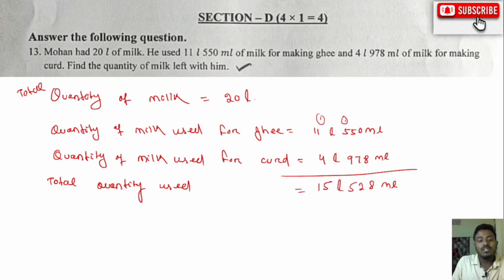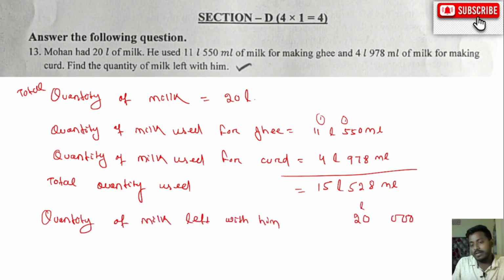So write down now quantity of milk left with him. How? Now subtraction, that is 20 liter 000 milliliter subtract 15 liter 528 milliliter.